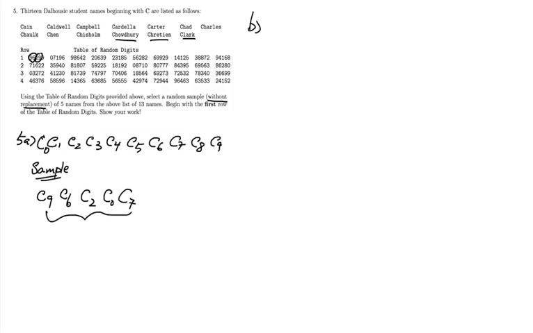After 29, it will be 90, and 90 will correspond to sampling some person out of the 13 here. Then the next will be 71, and that will be some person over here. So what we want to do is create a bucket for Kane, so that if the two-digit number ends up in that bucket, we sample Kane.